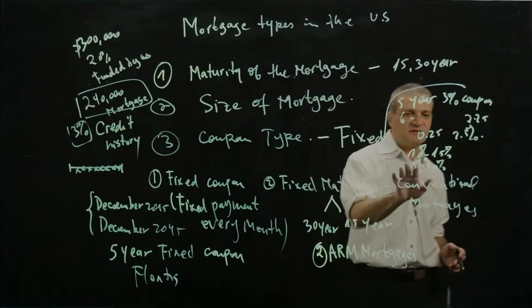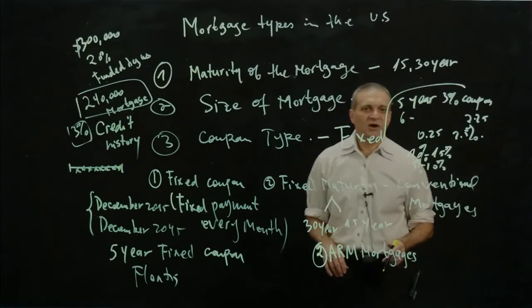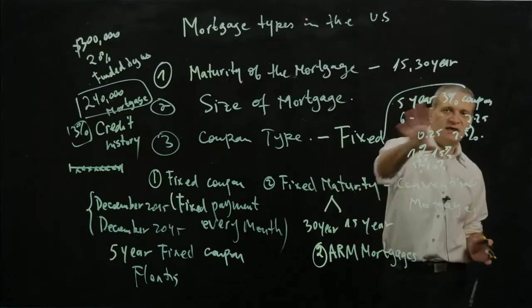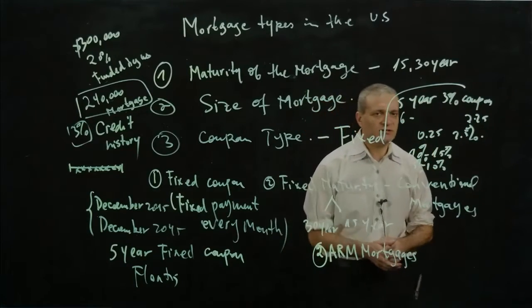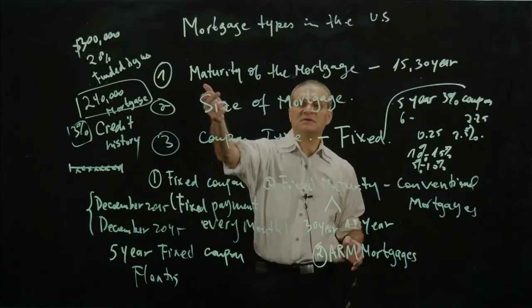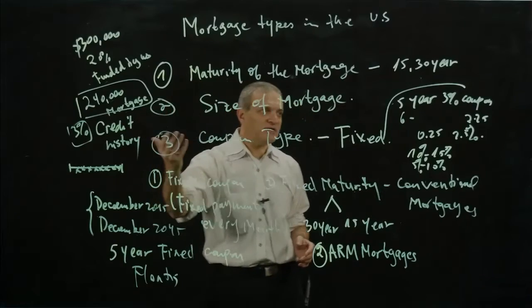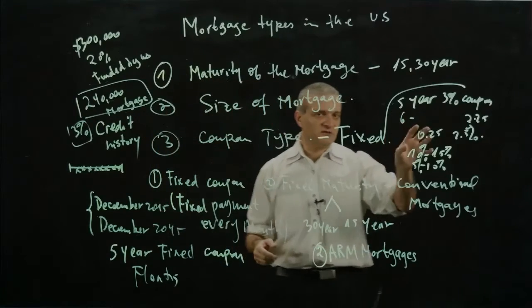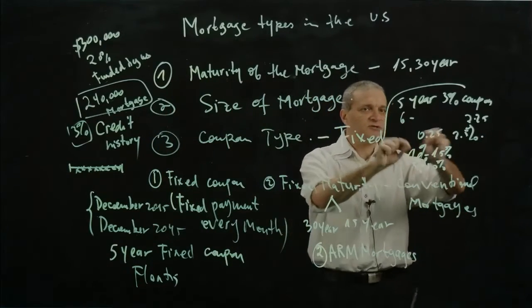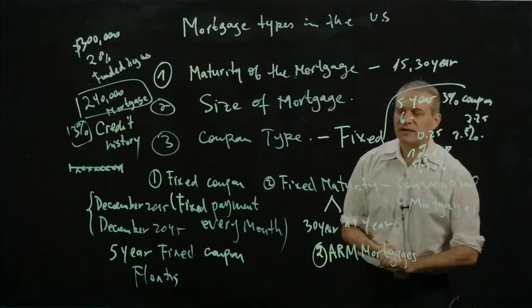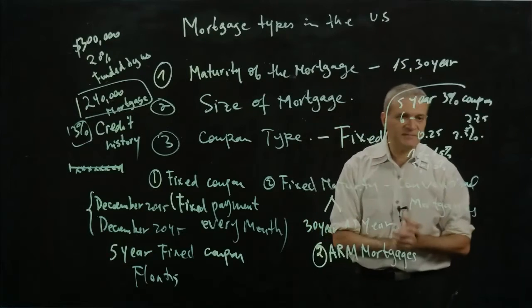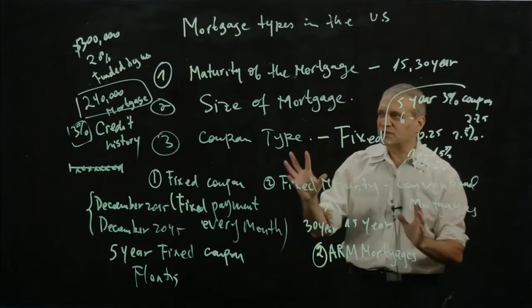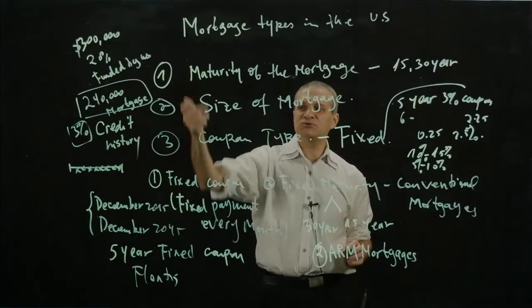Those mortgages have this ARM structure to it. So once again, the payment and the coupon type can vary. The first 5 years is fixed coupon, and then the coupon starts to vary according to the LIBOR. So that's the types of mortgages that depend on maturity and the coupon type.